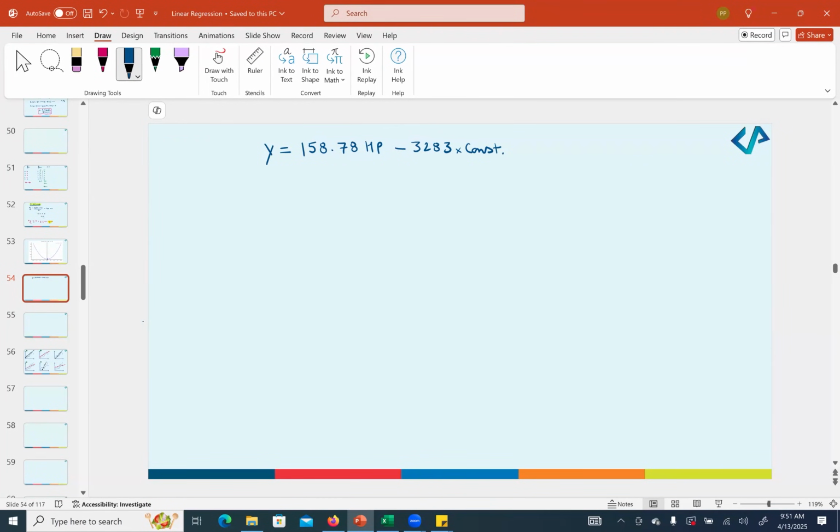What is the value of the constant? 1, right? So I will simply write it as, done.